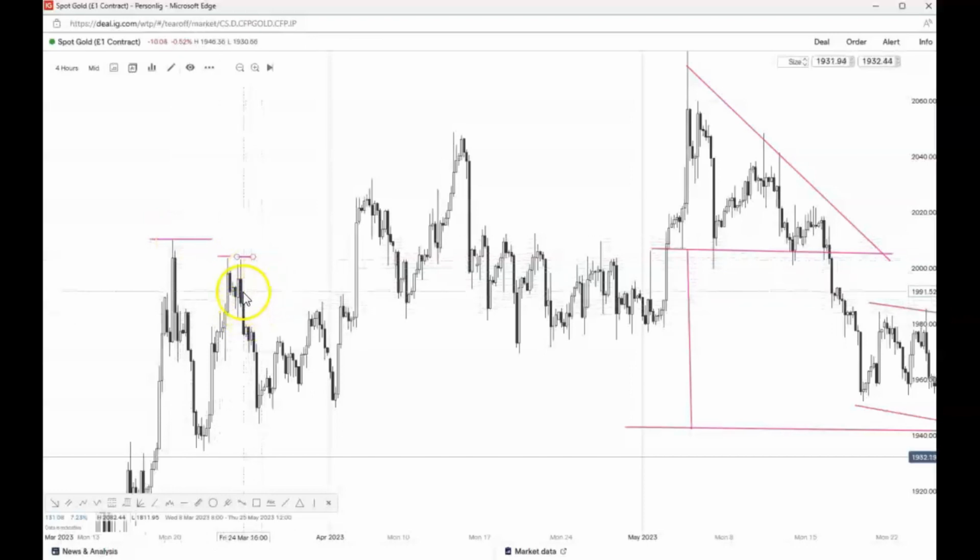And then we can see that the sellers are pushing the market down. They are much stronger right now than the buyers. So at this point, we're up here, we're down, we have a bottom here, we're up once again, and then we push further down from this bottom, then we will sell this market.